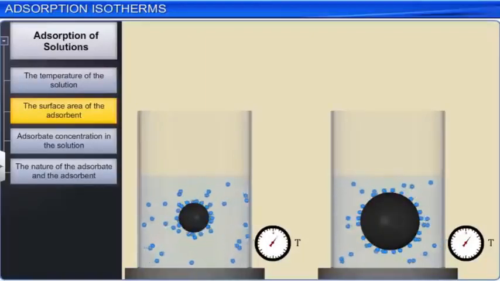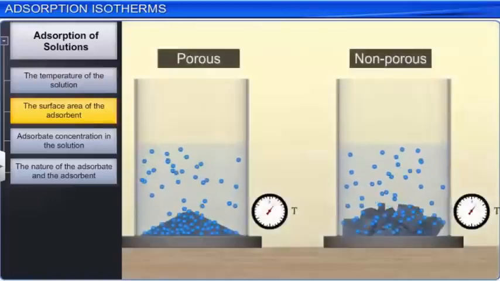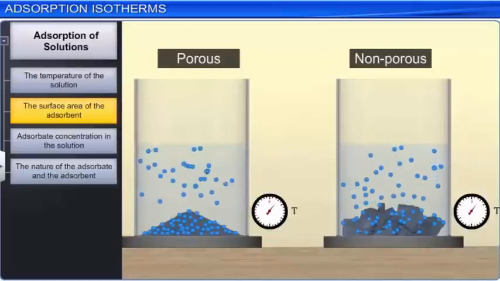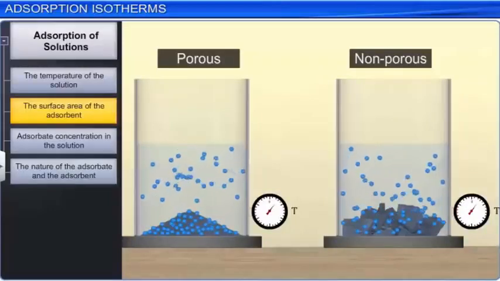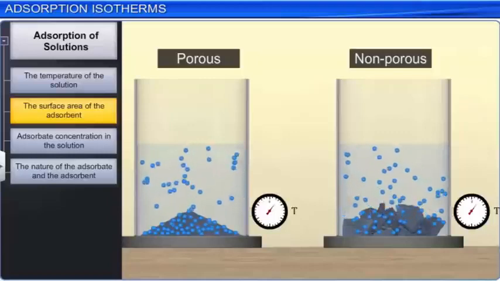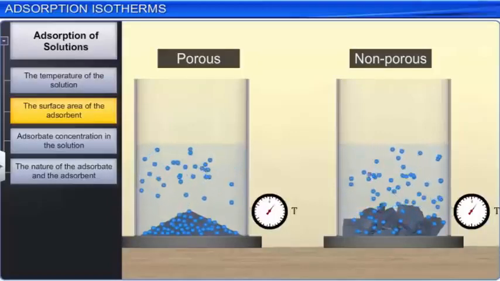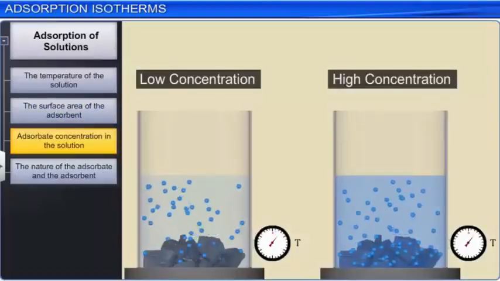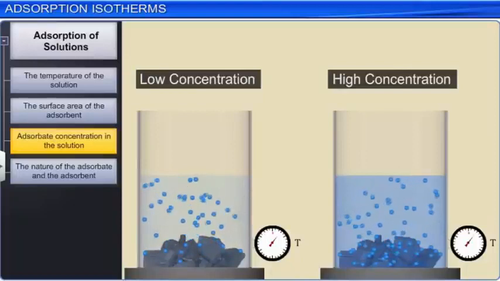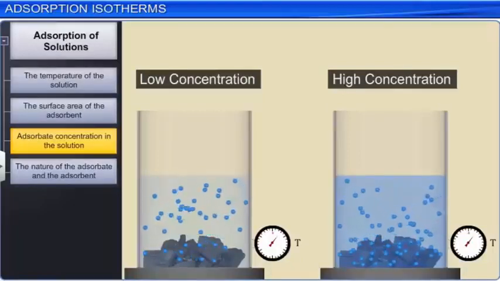Charcoal, because of its highly porous nature, provides a large surface area, and hence is the most preferred adsorbent in industry and pharmacy. Thirdly, as the concentration of the solute, that is, the adsorbate, increases in the solution, the extent of adsorption increases.